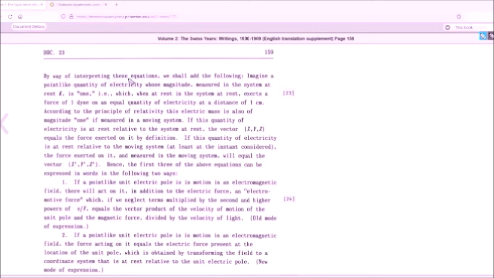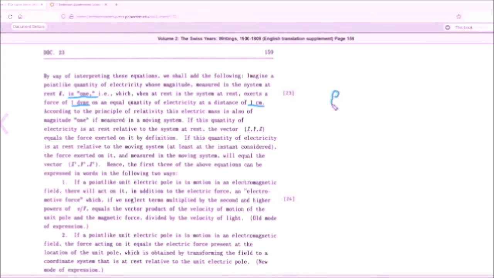By way of interpreting these equations, we shall add the following. Imagine a point-like quantity of electricity, an electron, whose magnitude measured in the system at rest K is 1 electron, for example, measured in the rest frame K, which when at rest in the system at rest exerts a force of 1 dyne on an equal quantity of electricity at a distance of 1 centimeter.